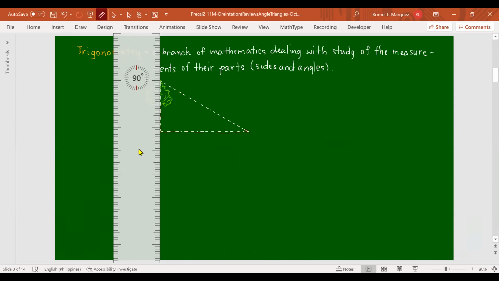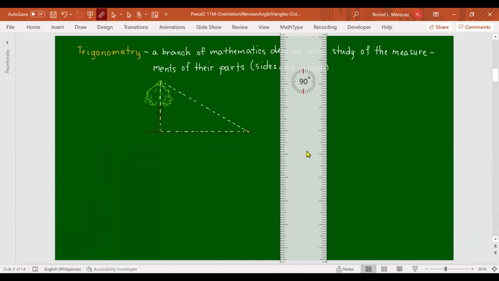The vertical dimension of the tree is represented by that imaginary line. And let's say the height is unknown, we do not know, represented by h.